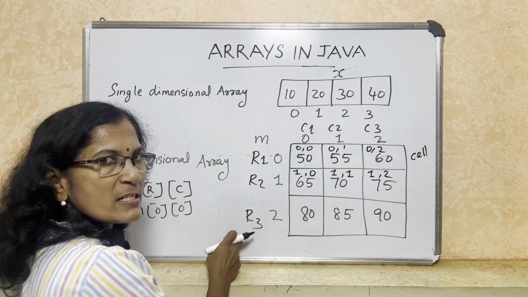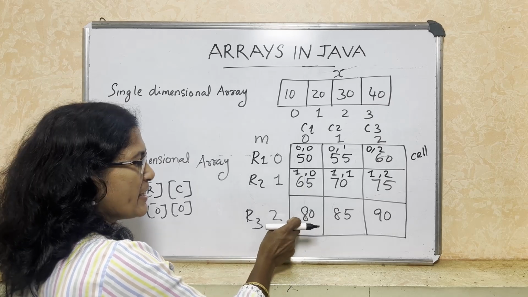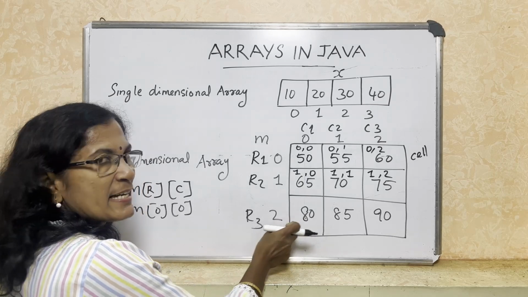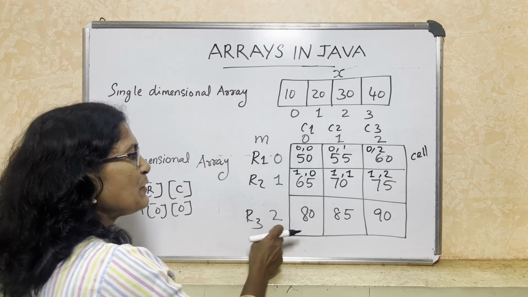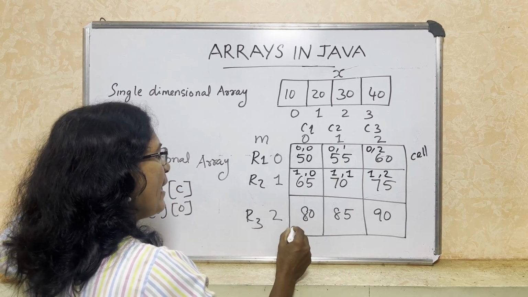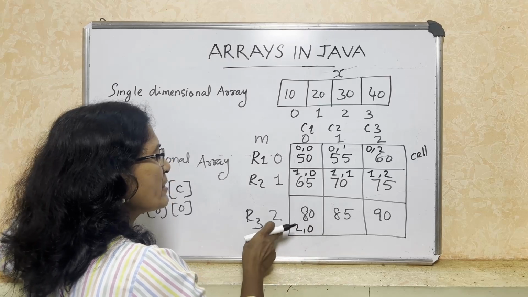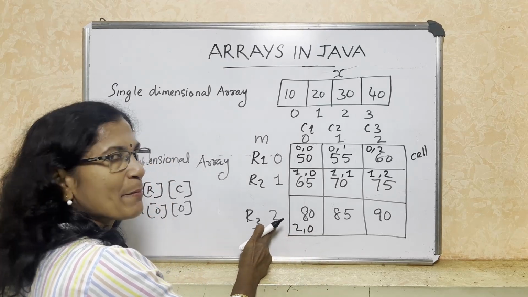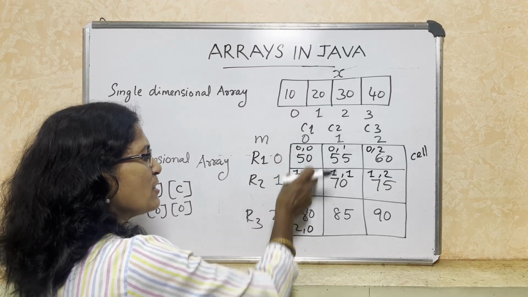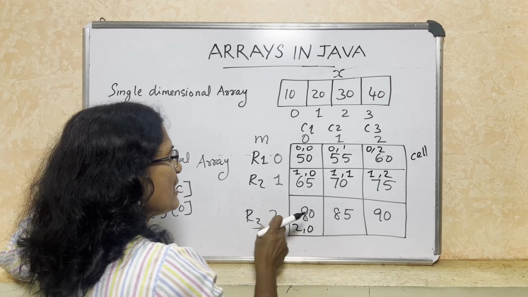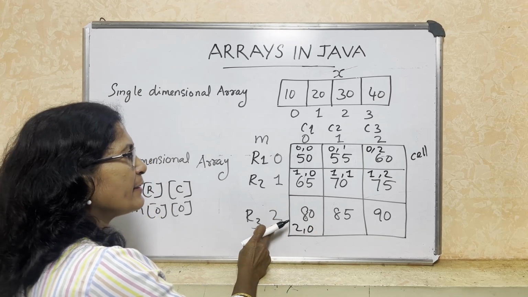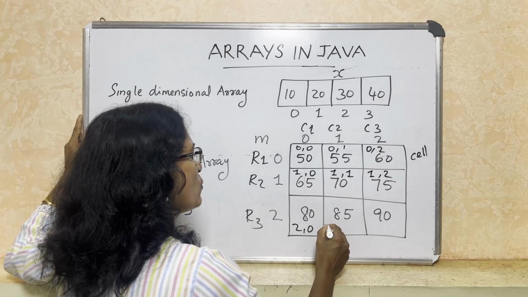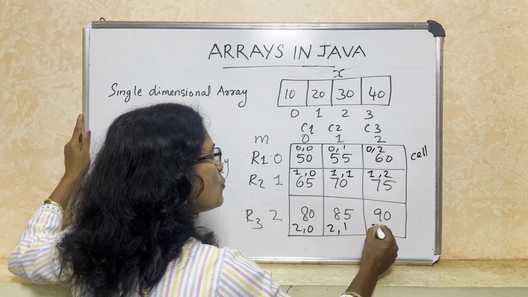And the last row of this particular matrix, or tabular structure, is identified with the index numbers m of 2, 0. This is in the last row, which is numbered as 2, and in the first column. And the next cell is in row 2 and column 1. So 2, 1, 2, 2.